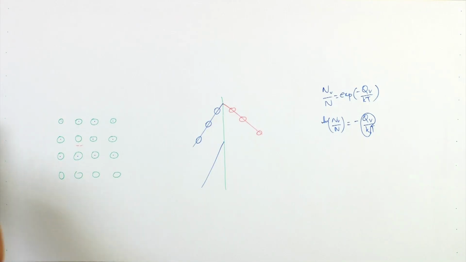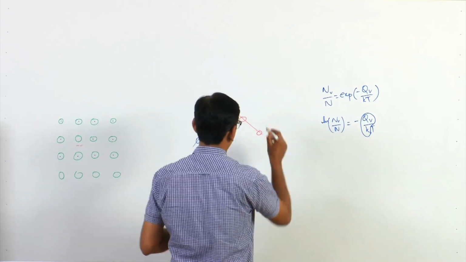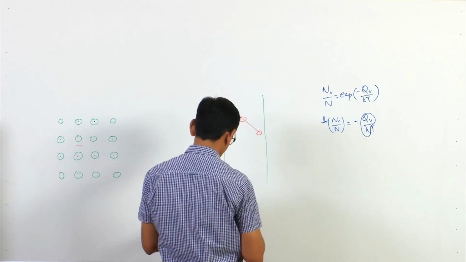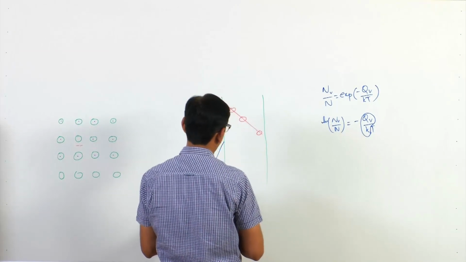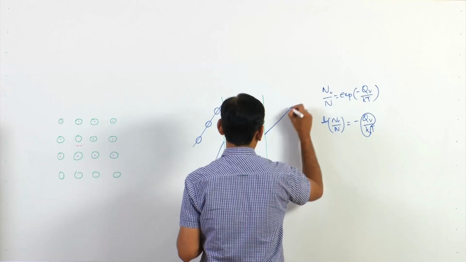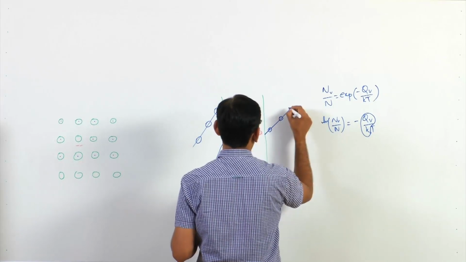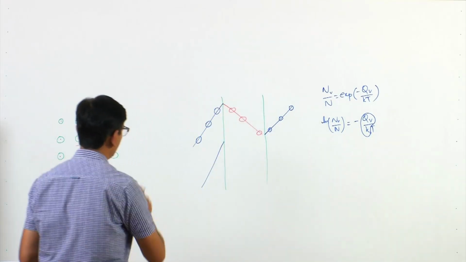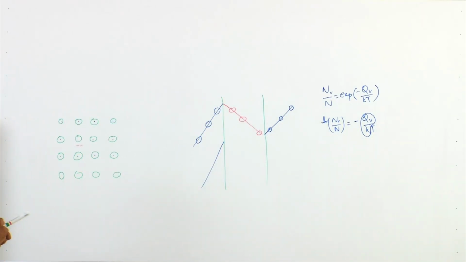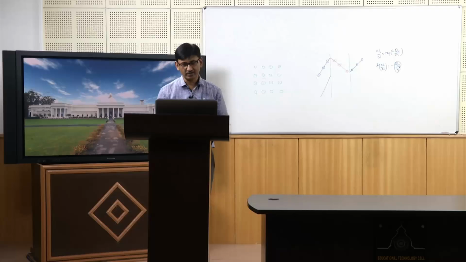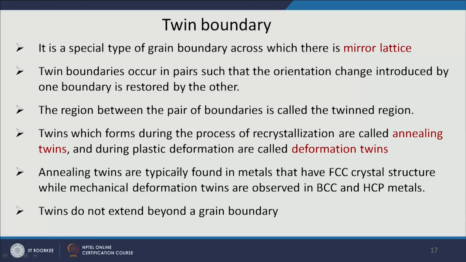For example, if I put another boundary here, across this it will be reflected again, this here, this here, this here. So, you can see the arrangement is coming back to the original arrangement.